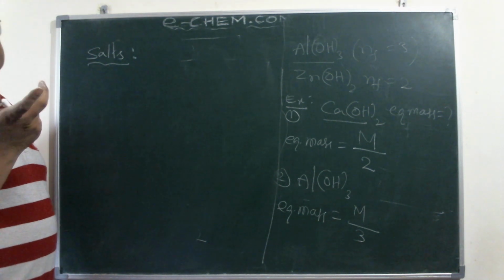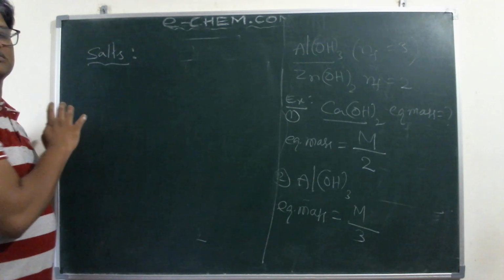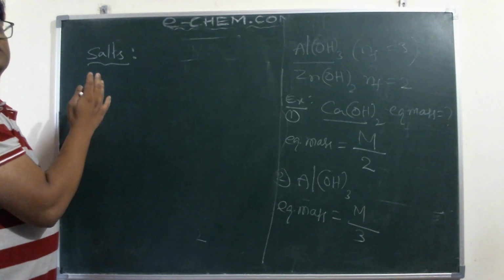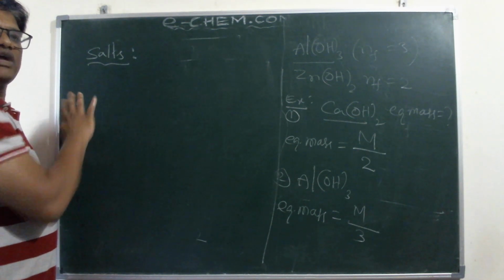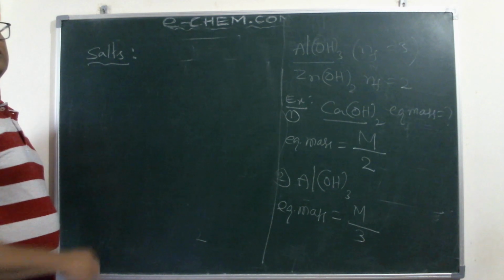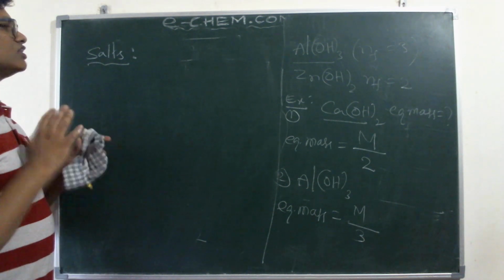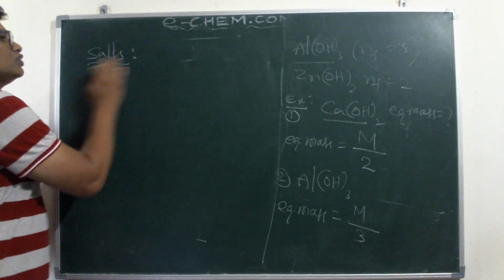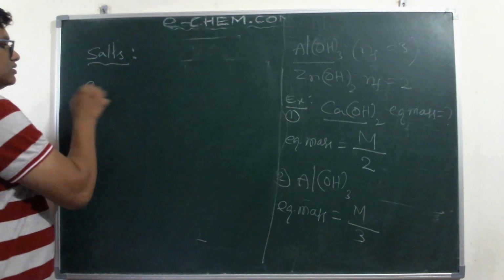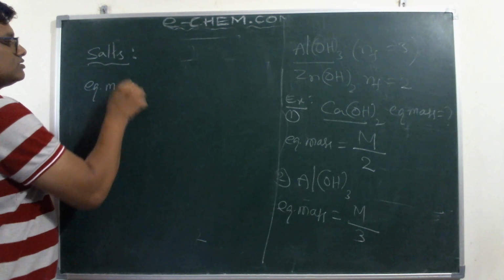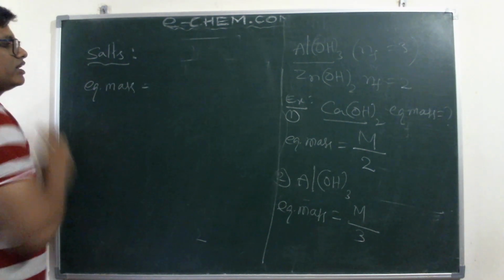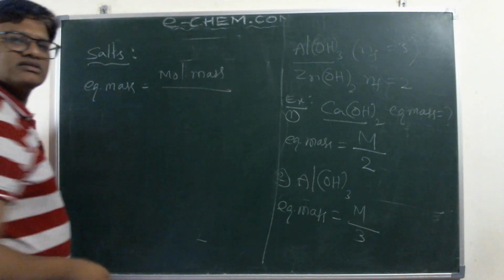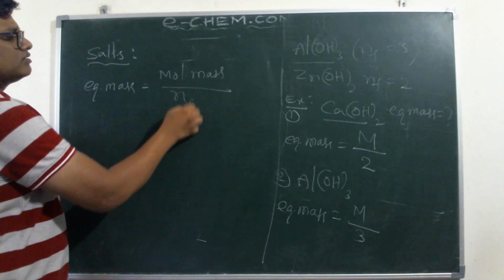In the salt, one element must be a cation, whereas the other must be an anion. So to calculate the equivalent mass for salts, it is equal to the molar mass of the salt, or formula mass, over its n factor.